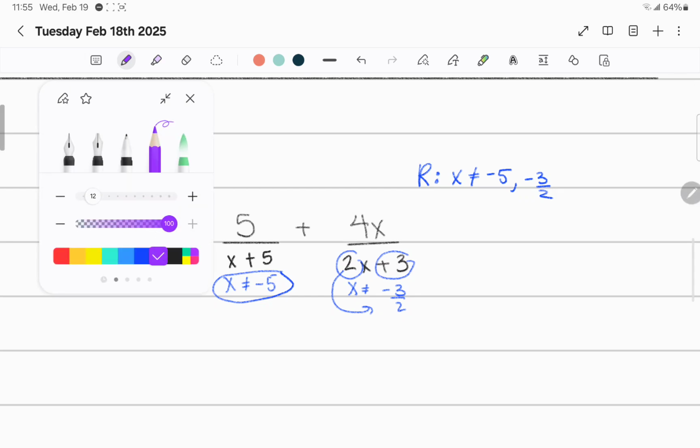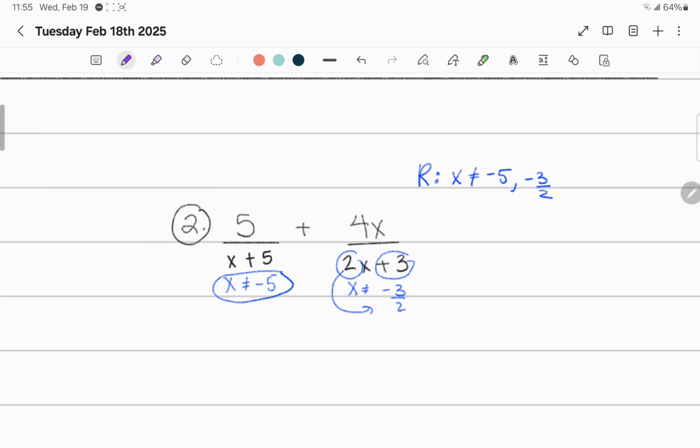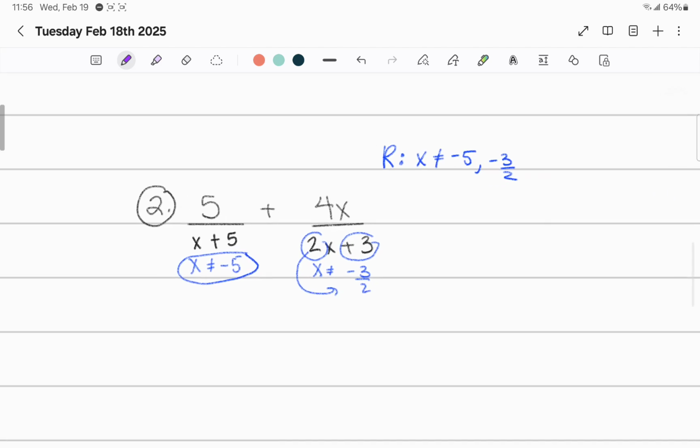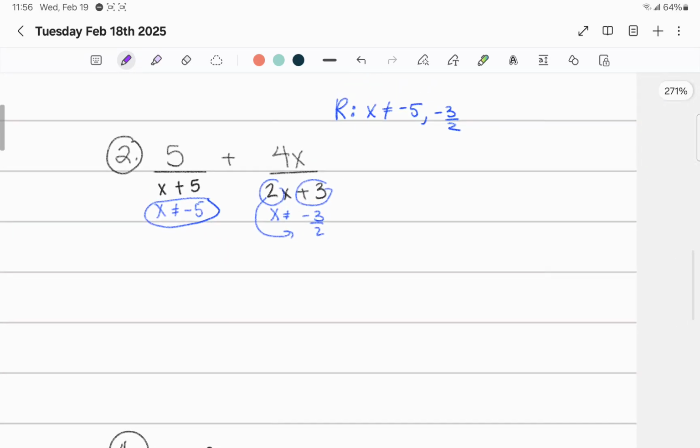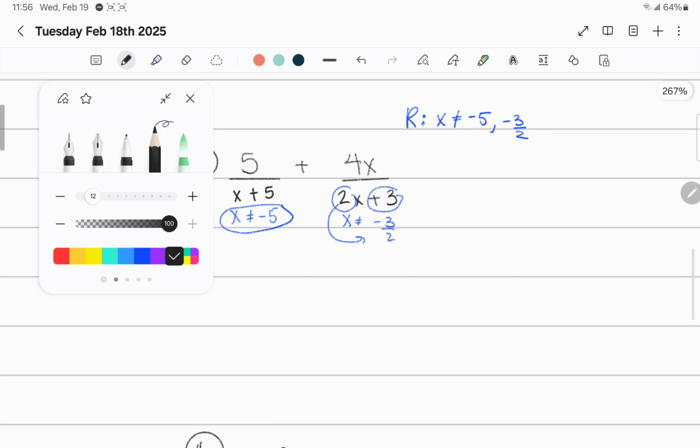Okay, next. The first step is to cross multiply. So we're gonna multiply the denominators. So I had said that it's best to kind of like rewrite everything.